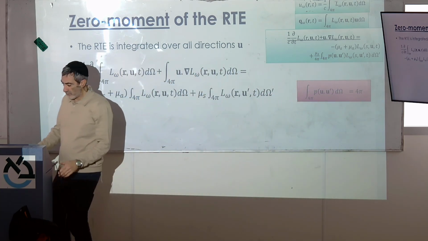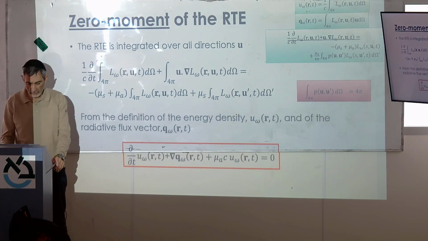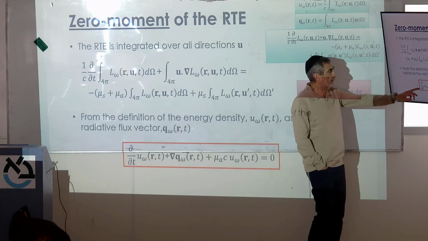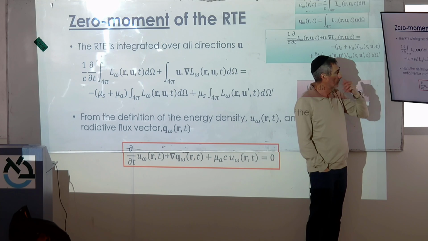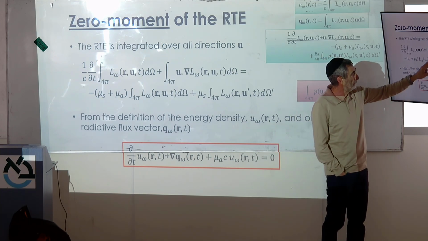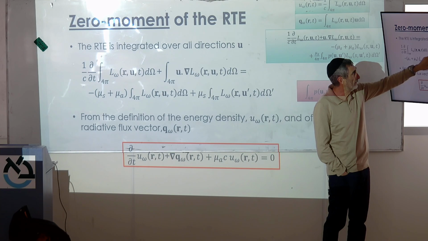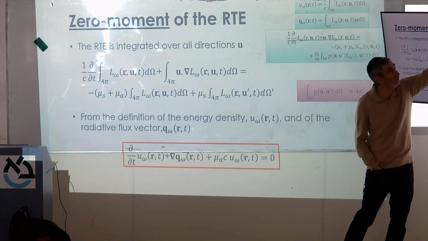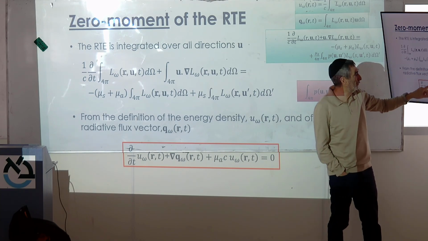So if we write this equation from the definition of the energy density directly, you get this equation. The time derivative of the energy density u plus, here I just take the nabla out. The integral of uL is q, so it's nabla of q.